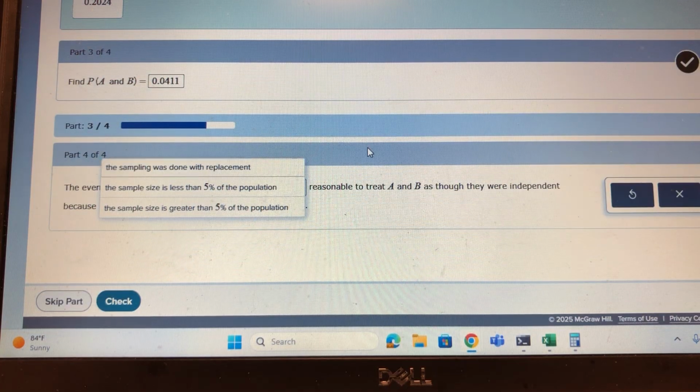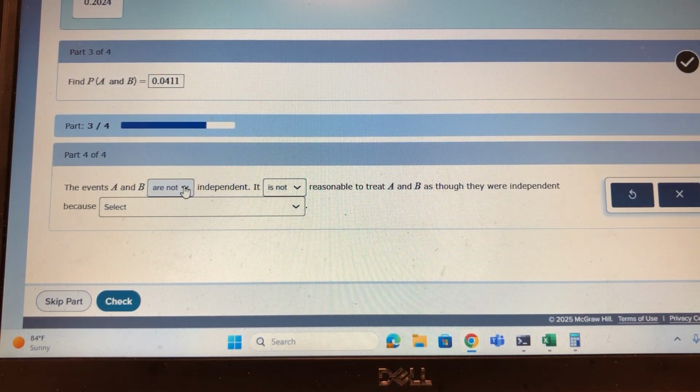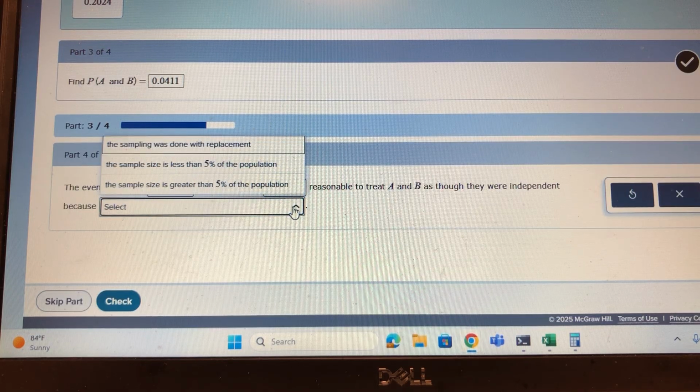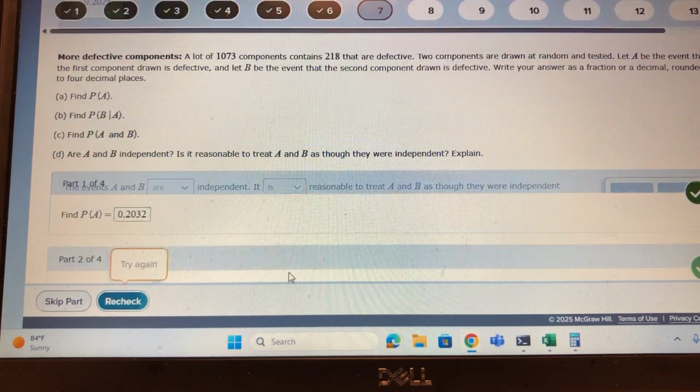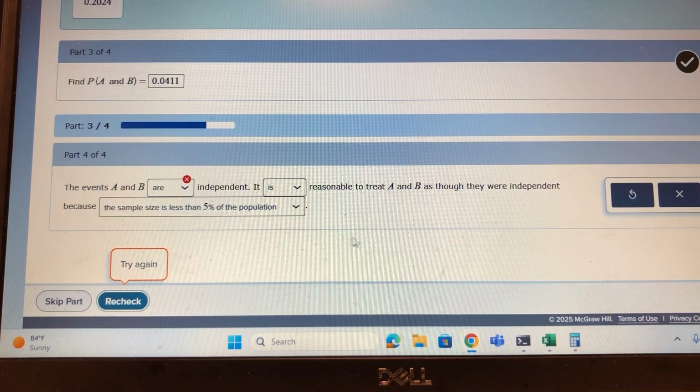So I think this is kind of an exception to the rule about is it independent or not. Technically, it's not independent, but it's so close that it can be treated as independent. It's not really independent, but you can treat it as independent if your sample size is less than 5% of the population. And 2 out of 1,000 is way less than 5%. It's not even 0.2%. So that's kind of an exception to it.